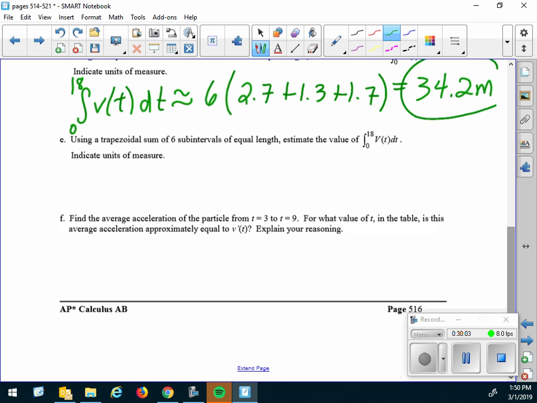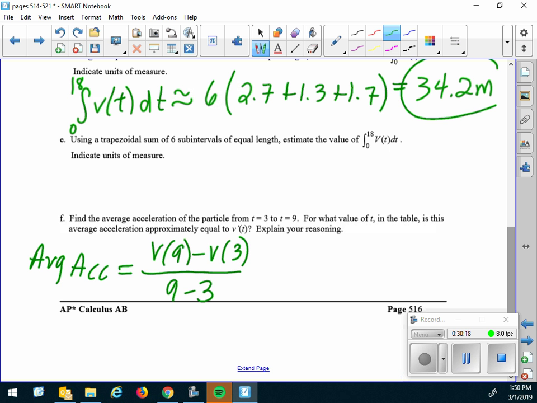So average acceleration, 3 to 9, v of 9 minus v of 3 over 9 minus 3. Run that and let's see what you get. Negative 0.233 what? Meters per second squared.